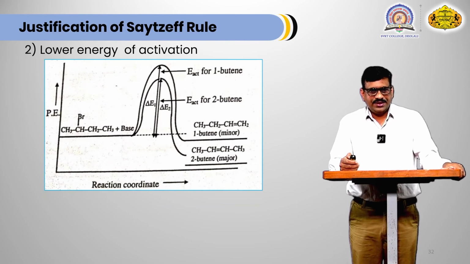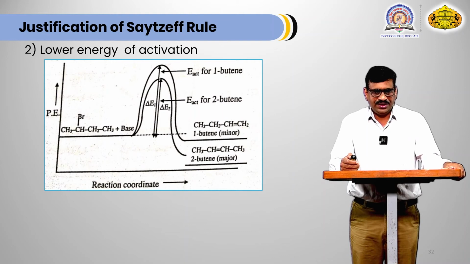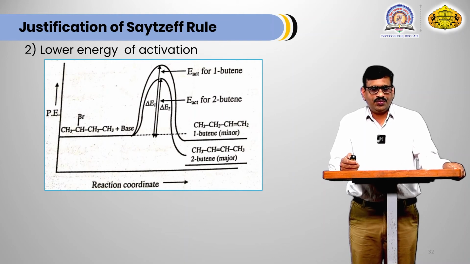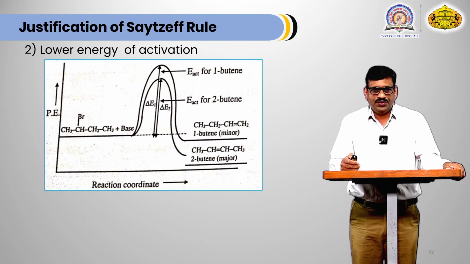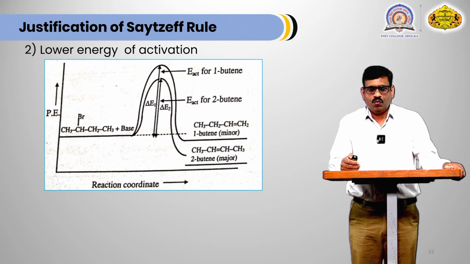This is the second justification for Saytzeff rule, lower energy of activation. In this case, 2-bromobutane is the starting compound. Base is used for this elimination reaction and two products are obtained, 1-butene and 2-butene.